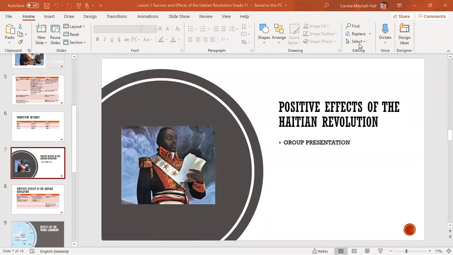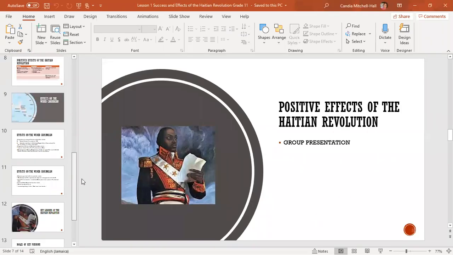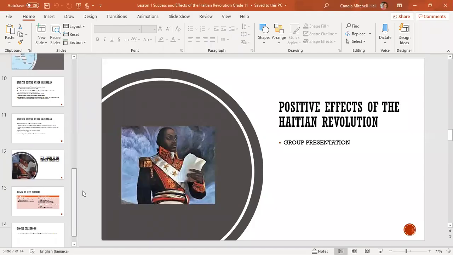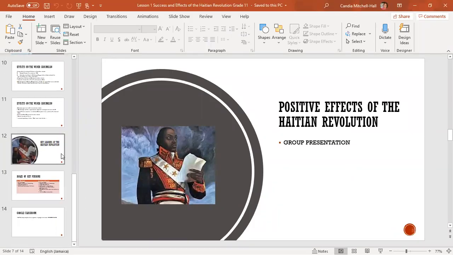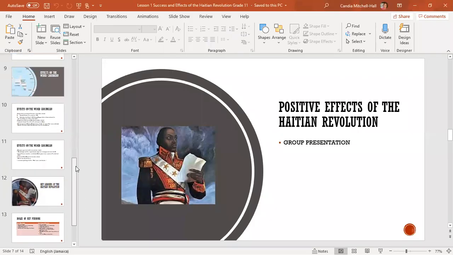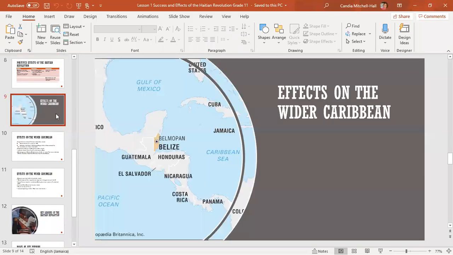No one from that group is here? All right. Next group. Effects on the wider Caribbean.